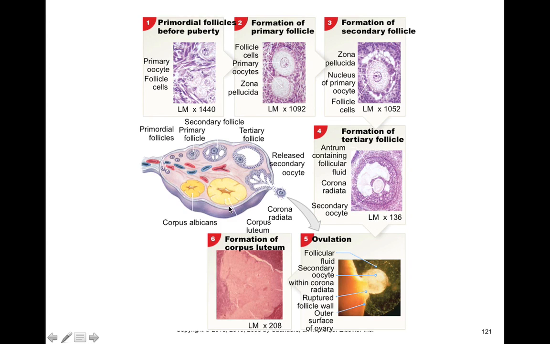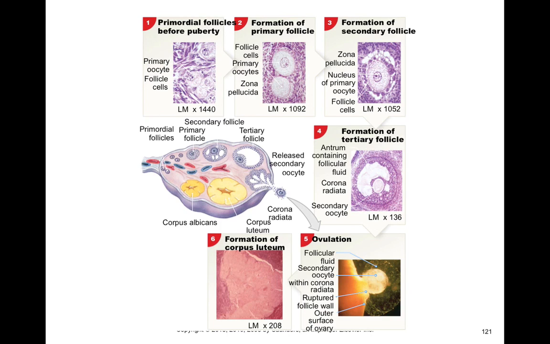The corpus luteum is basically a big progesterone and estrogen secreting type of tissue that secretes a tremendous amount of progesterone and estrogen to support the growth of the endometrium within the uterus, among other factors too. The hormones released by the corpus luteum help coordinate the activities of the uterus in order to support a potentially fertilized egg.